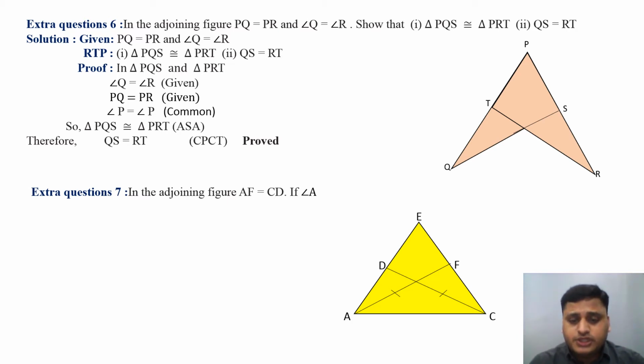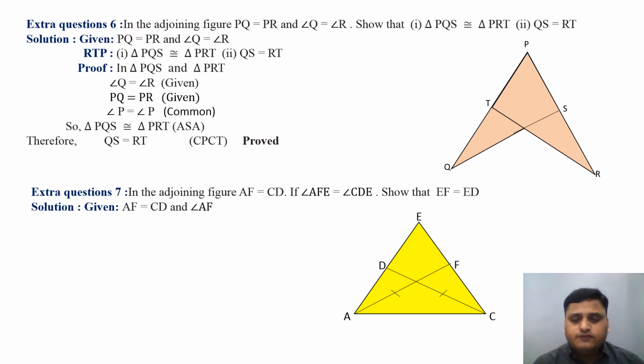AF is equal to CD. This mark given in the figure indicates that these two lines are equal. And then angle AFE is equal to angle CDE. We need to show EF is equal to ED. What we need to show? EF is equal to ED.